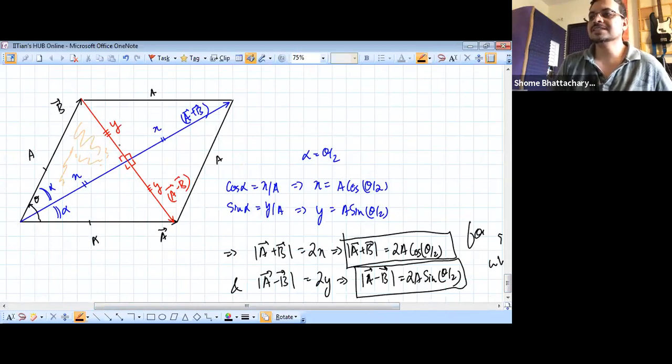So, first of all, this x and x are equal, y and y are equal because the diagonals bisect each other. Then, secondly, these all four angles are 90 because they bisect each other perpendicularly. And then finally, you're using trigonometry on any one of these triangles to find out x and y, and from that you're getting the diagonal 2x and the diagonal 2y, and from that you're getting this special formula.